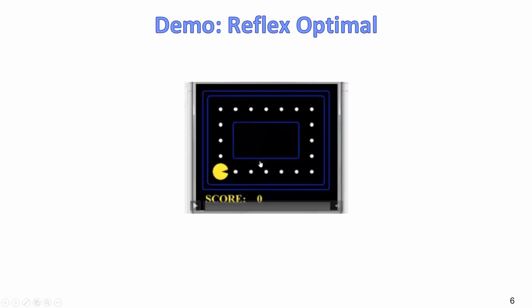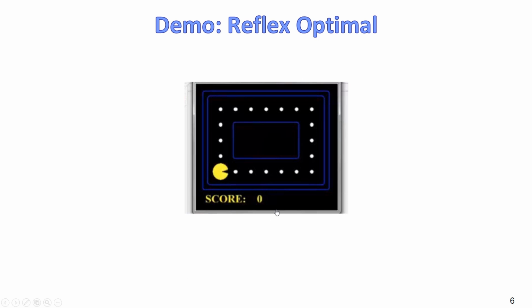Okay, so let's see this example. As I said last time, we will take Pac-Man as a running example in the course. So here we have a very simple world. You know that Pac-Man's goal is to eat all the dots. The strategy of the reflex agent here is to move to the nearest dot. Every step the Pac-Man will move to the nearest dot.